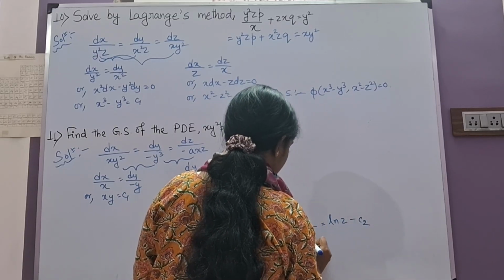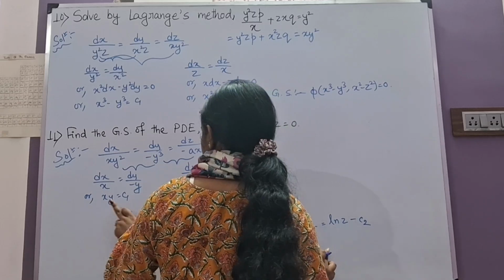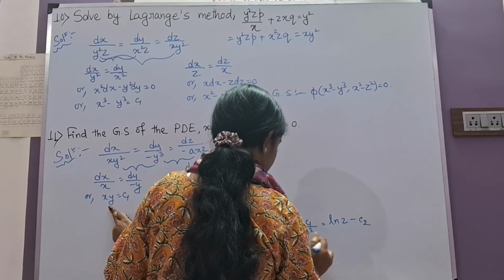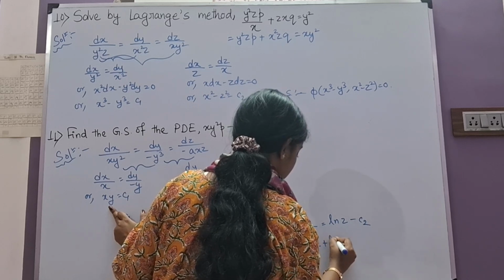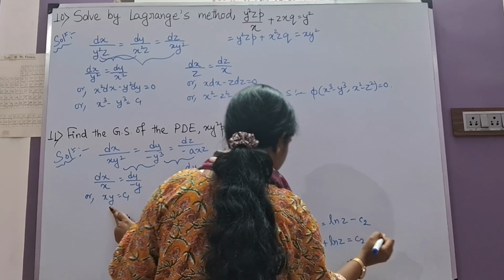So 3a, c1 means xy, x by y square plus log z equal to c2.